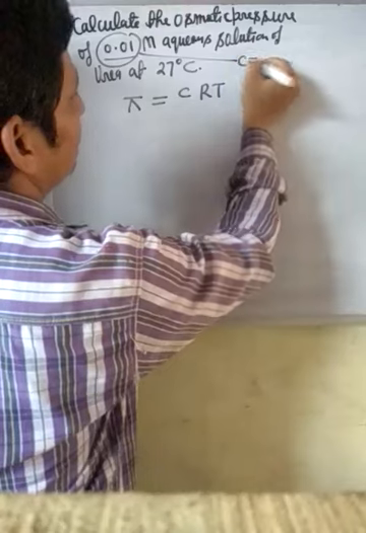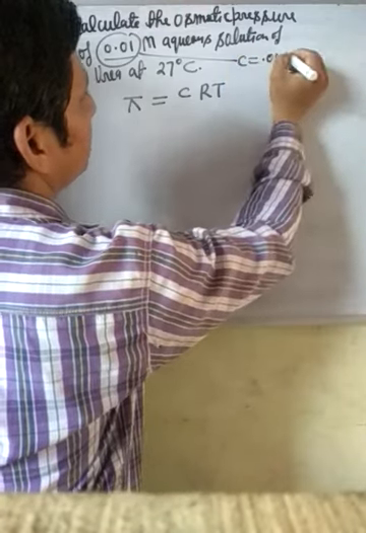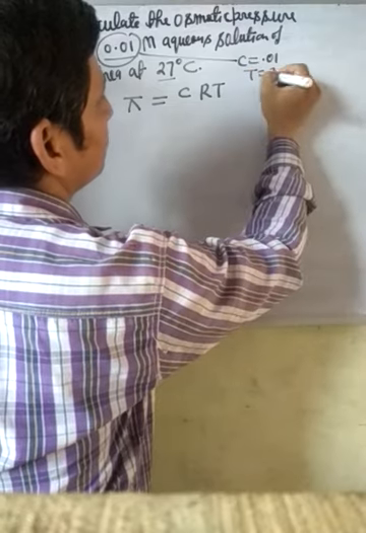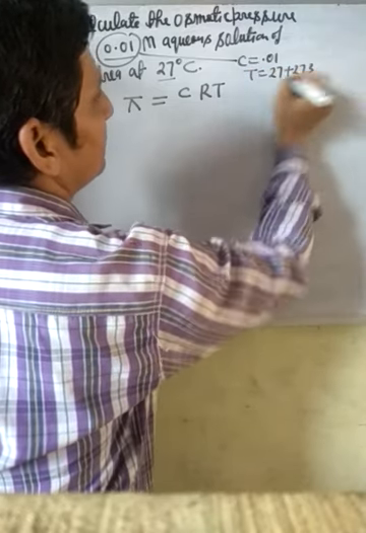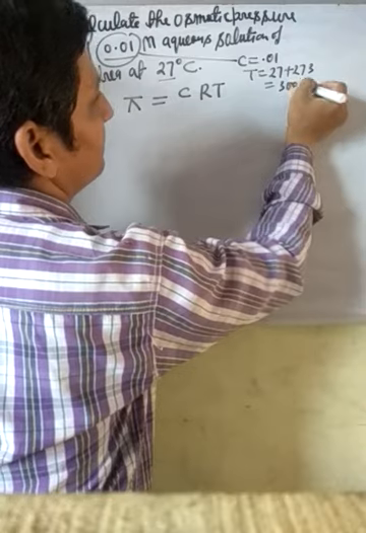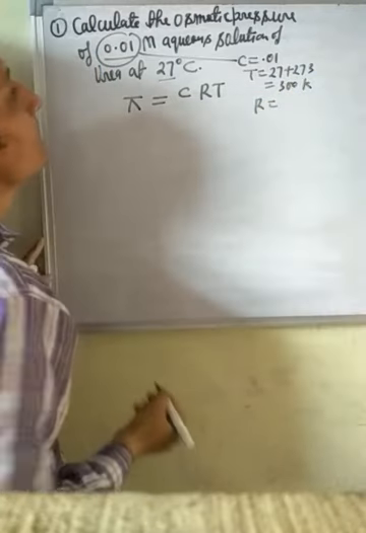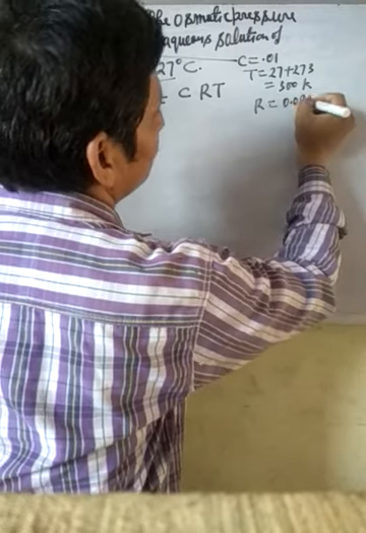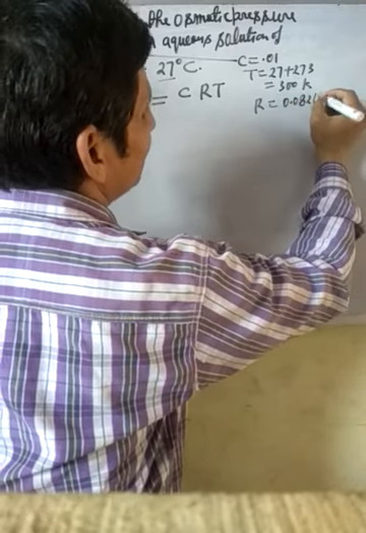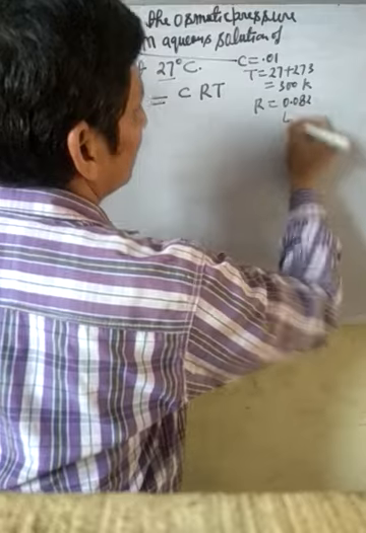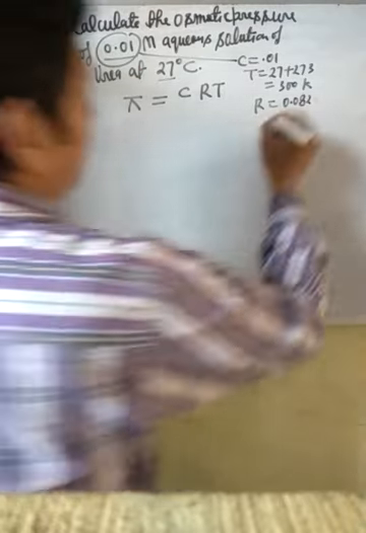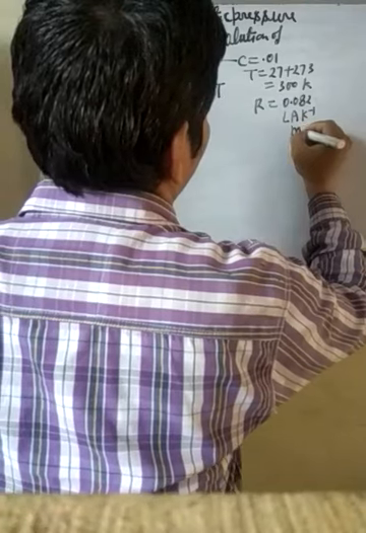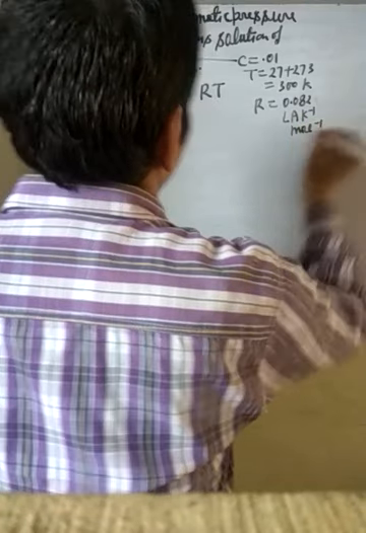After this 27 degrees Celsius, temperature is 27 plus 273 is equal to 300 Kelvin, and value of R is 0.082 liter atmosphere Kelvin inverse mole inverse.